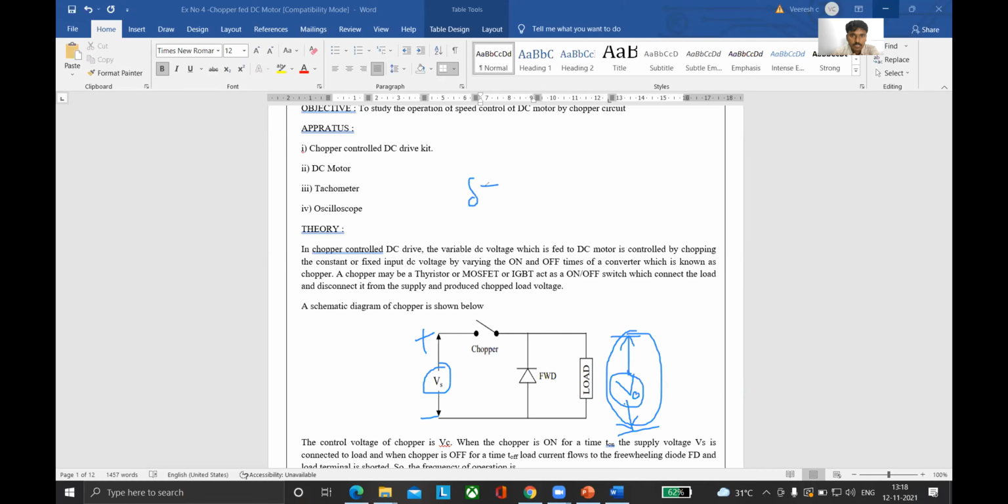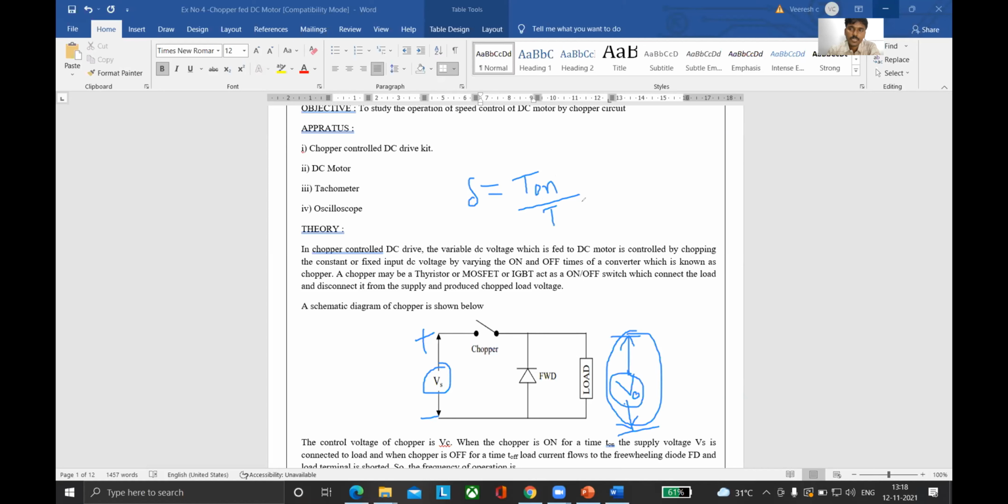Delta: by varying delta, does the output voltage vary or not? Yesterday we discussed it in the previous lecture. We know the formula: delta is equal to on time upon total time.